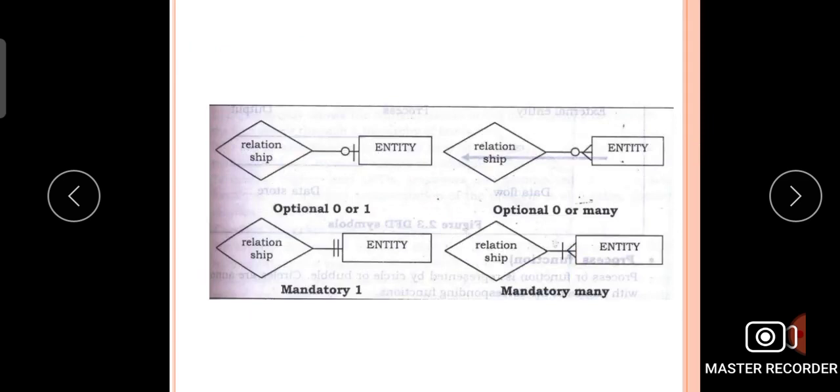Here you can see our modality using 0 occurrence and 1 occurrence. As we know, a relationship is shown using the diamond symbol.